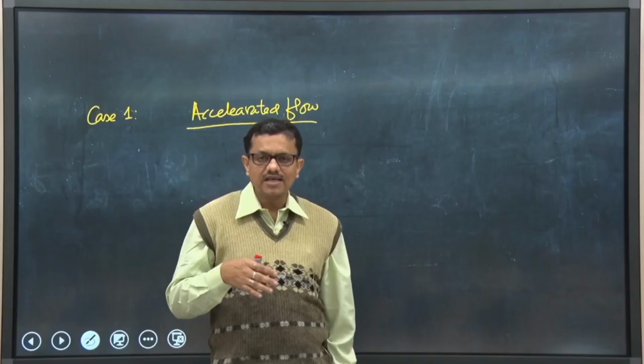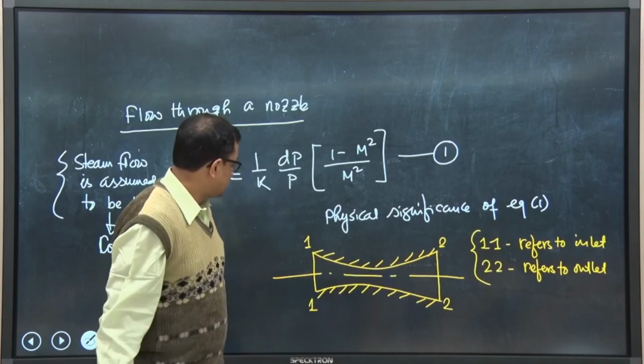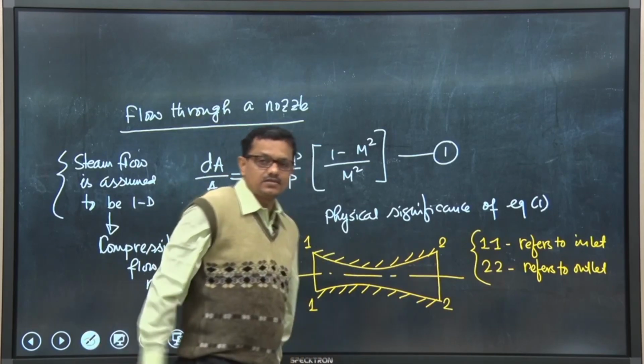Now, case 1 that we will discuss is the accelerated flow of steam through a duct having varying cross sectional area. The area decreases initially, then finally again increases.